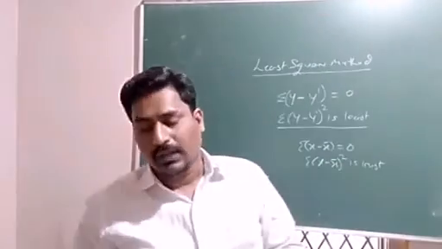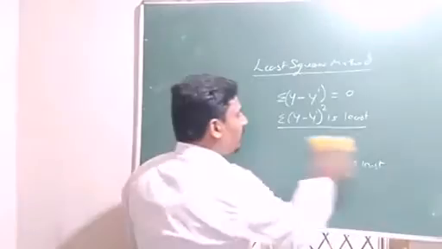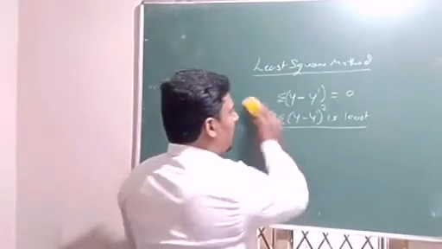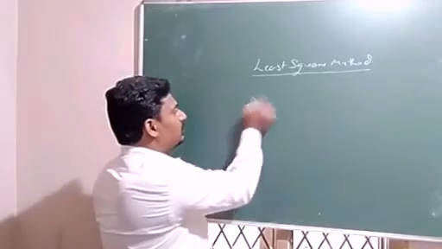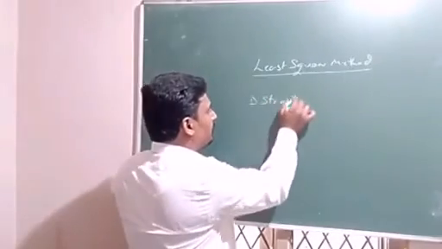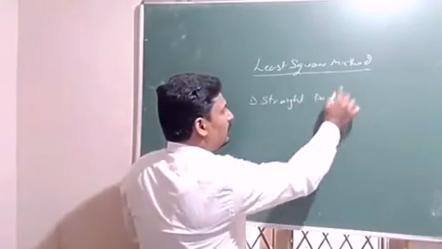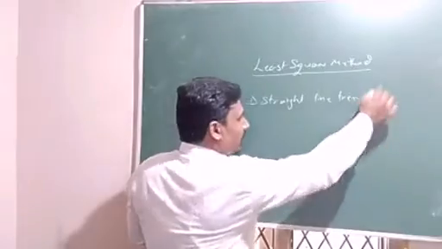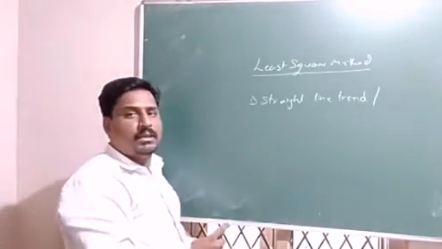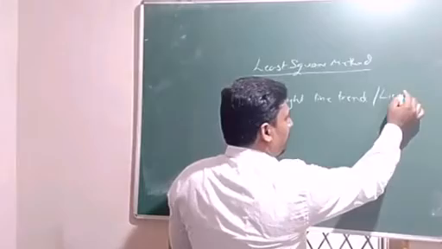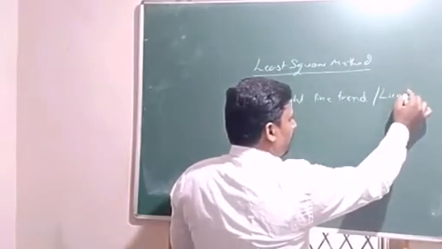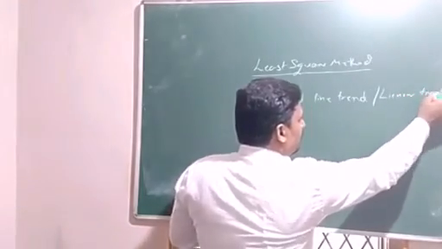To solve this equation by the method of least square, we have three different methods. One among them is the straight line trend, another name for this method is linear trend.